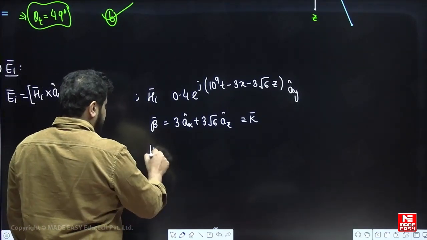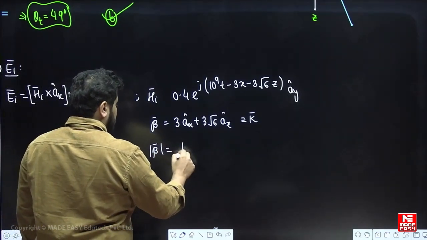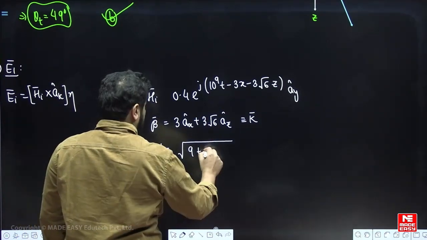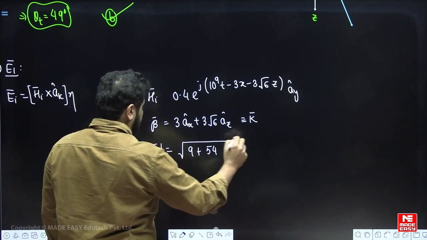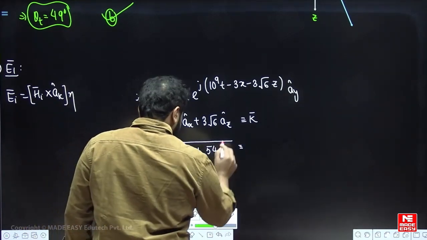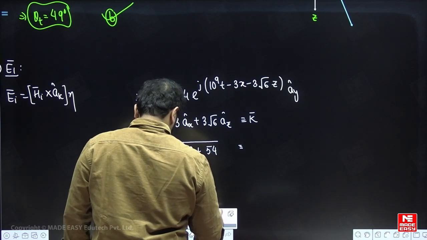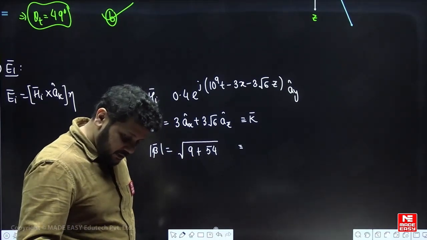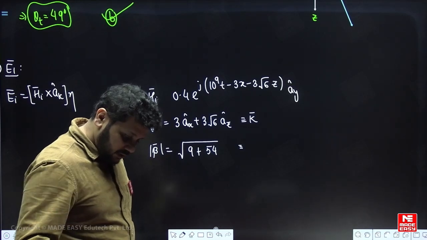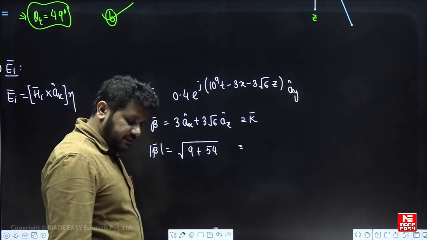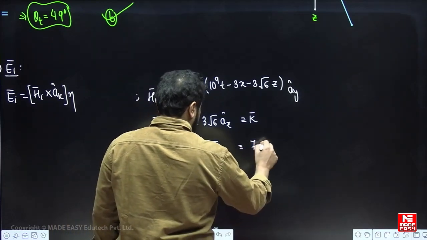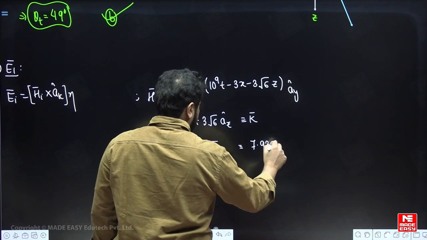So what is the mod of the beta vector? It is root under 9 plus 3 3s are 9, 54. So let us see how much value I am going to get. 9 plus 54, root under, 7.937.